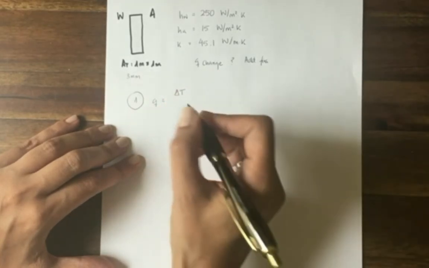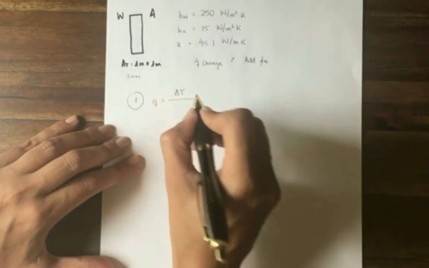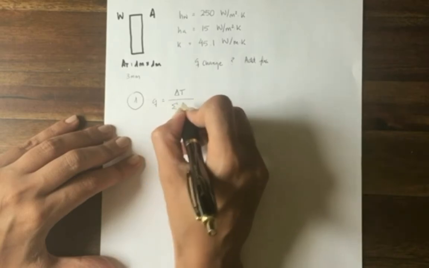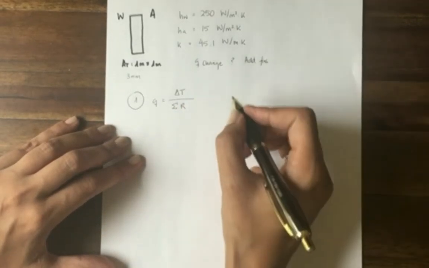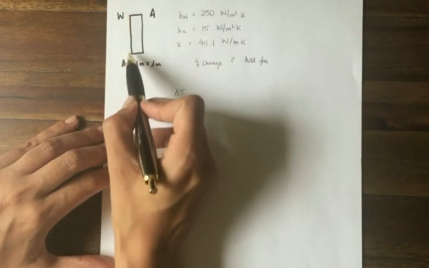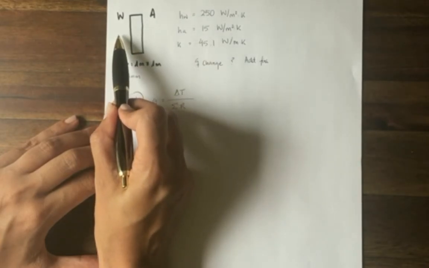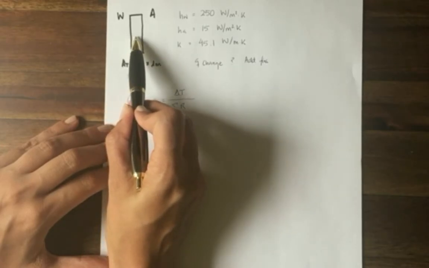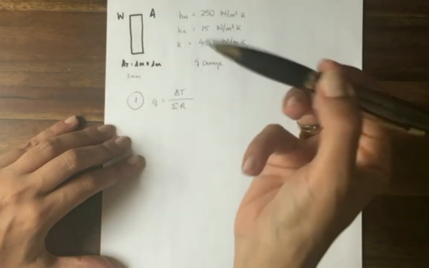We know the general formula is the heat rate is equal to delta T over the sum of the resistances. In the case of this plane wall without any fins, we have to consider the convective resistance in the water side, the conduction through the wall, and the convection in the air side.